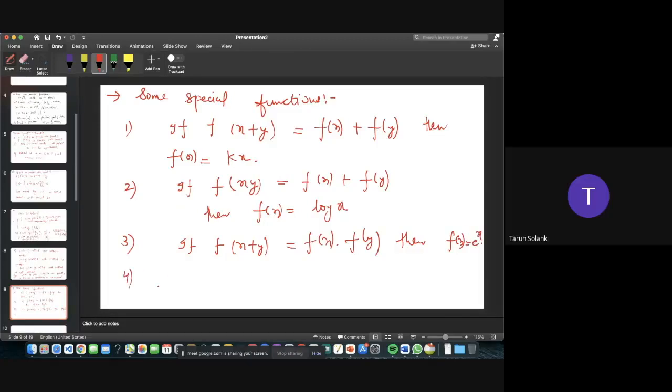Now the fourth one is if f(x) times f(1/x) is given, then f(x) is equal to x to the power n, plus or minus 1. So these are some special functions. You can copy this.